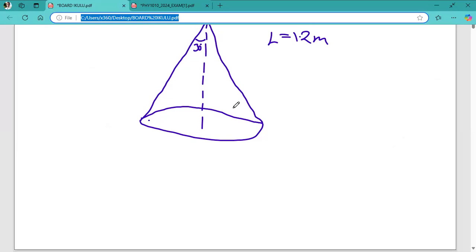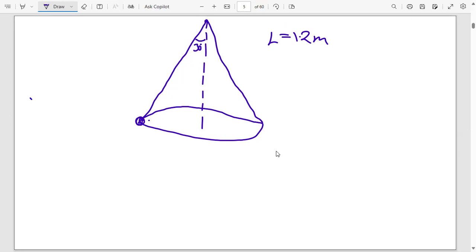So imagine my ball is here, and this is the rope, which is 1.2 meters long. What kind of forces are we going to put on this diagram?